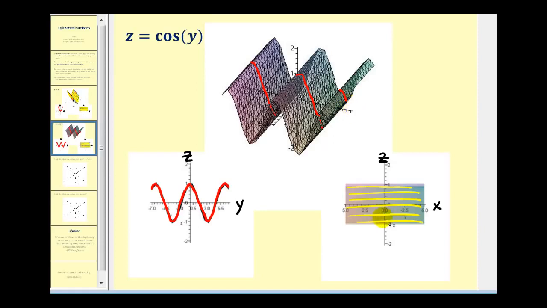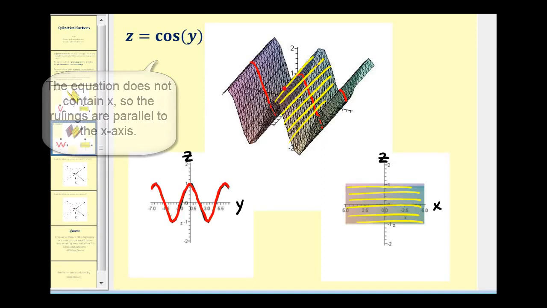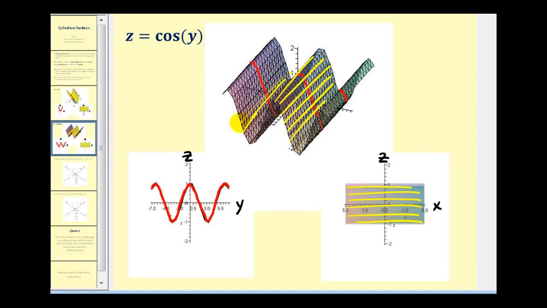And the rulings would be the set of parallel lines as we see here in the xz plane that intersect this generating curve, and they would look something like this. And these lines actually make up the entire cylindrical surface.